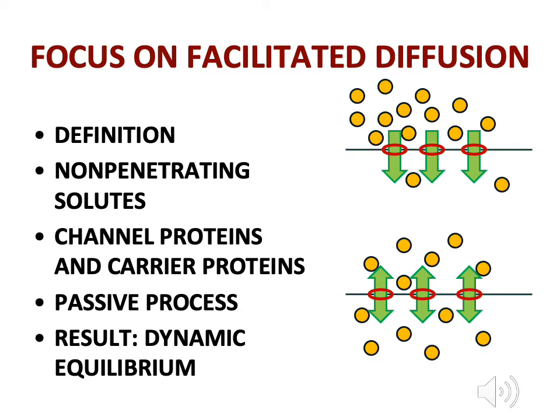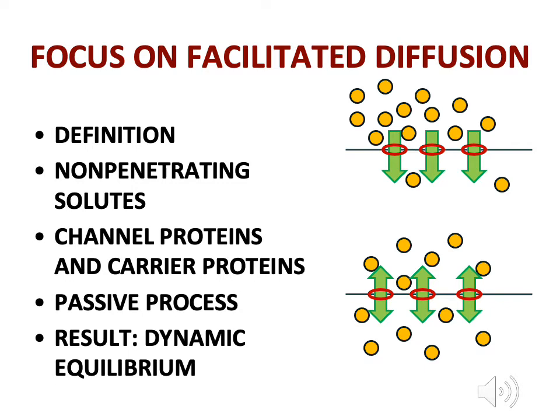So what's the difference? Well, the difference is I've got channel proteins or carrier proteins involved. Now, we mentioned them not too long ago. These are proteins that function like gates. Those gates can be permanently open in the case of channel proteins, or can open and close in the case of carrier proteins.